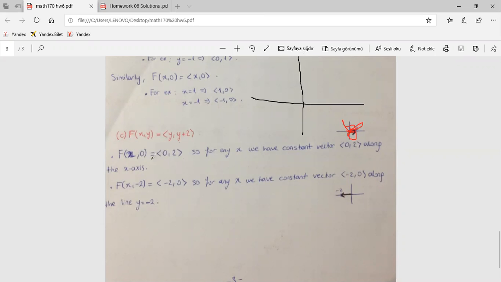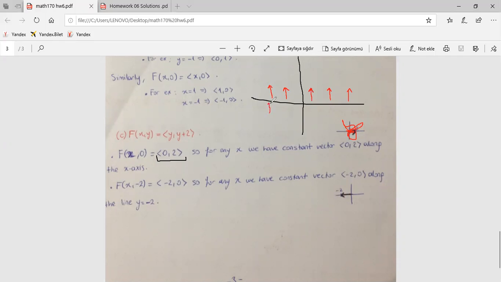Now along the x-axis, we know we have the constant vector, the same vector all the time. So along the x-axis, we'll have the vectors (0, 2), for any value of x.